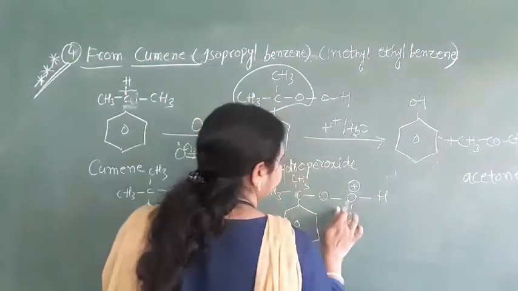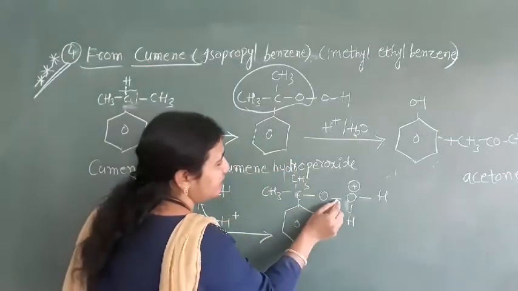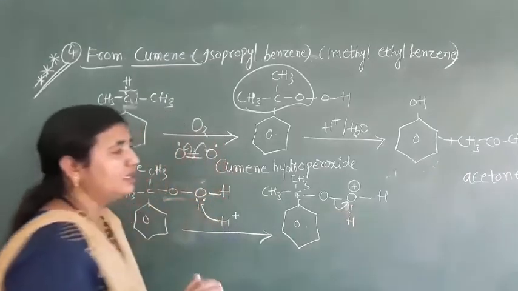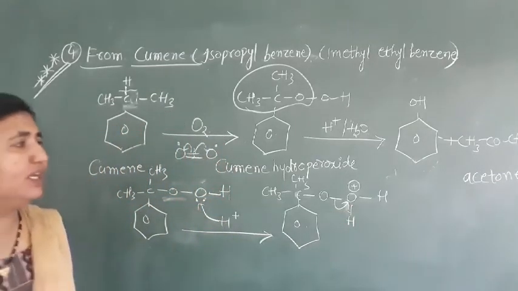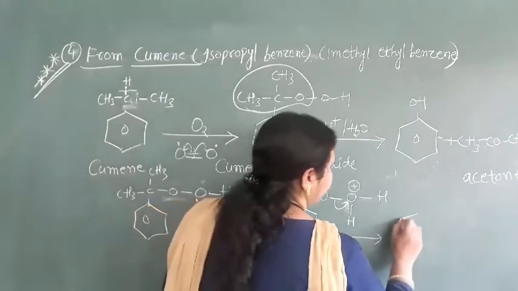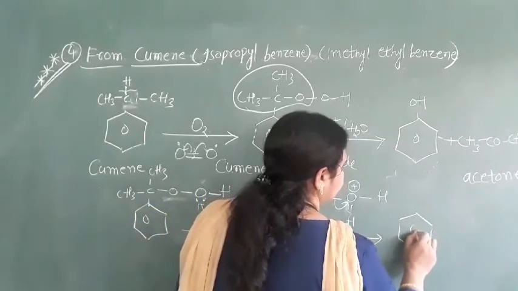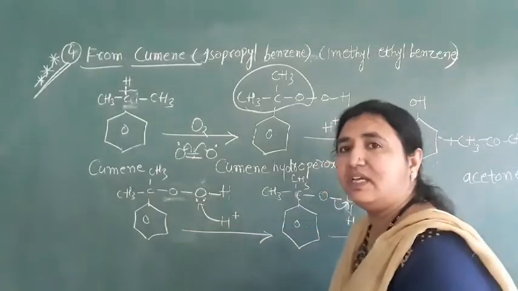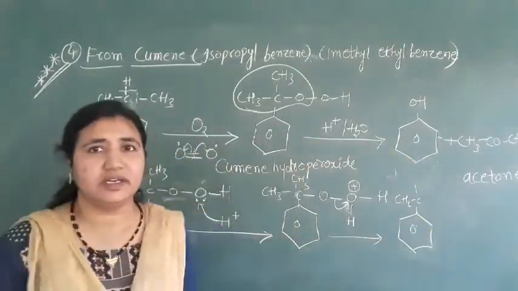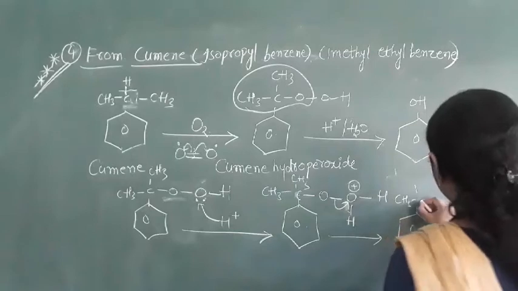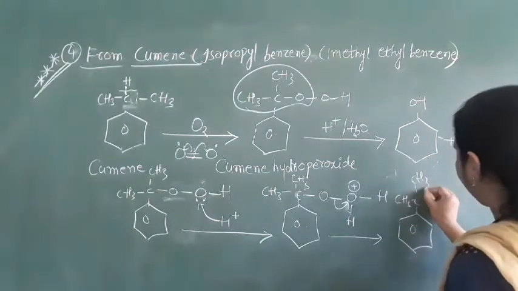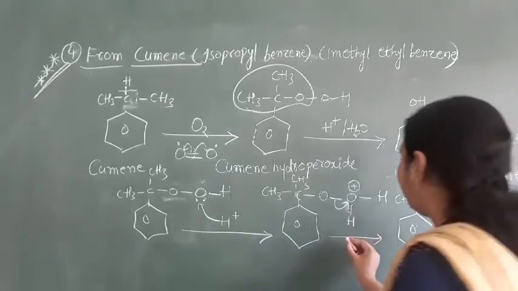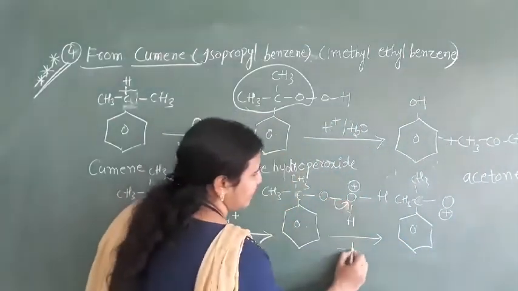So what will this oxygen do? It will take the electron from this oxygen and be removed as a water molecule. Now here we have CH3 and C, and O plus, and water is removed, minus H2O.